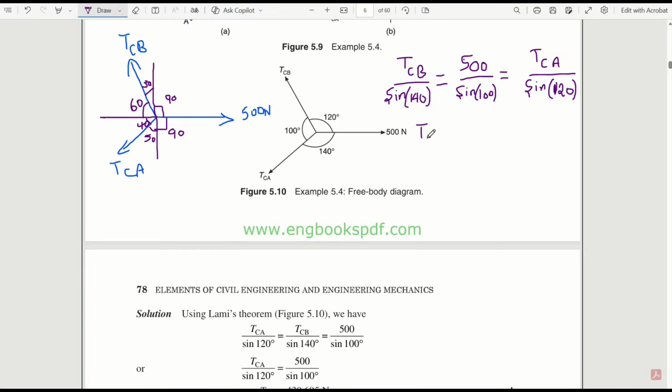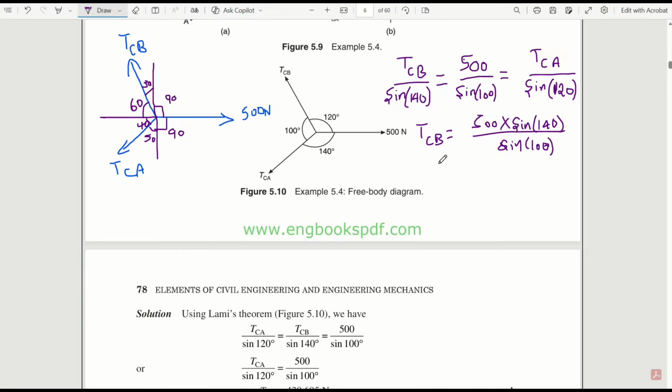So TCB is equal to 500 into sine 140 divided by sine 100.